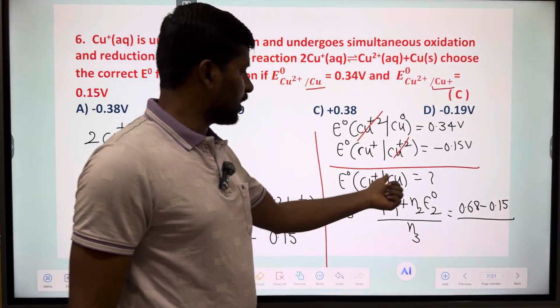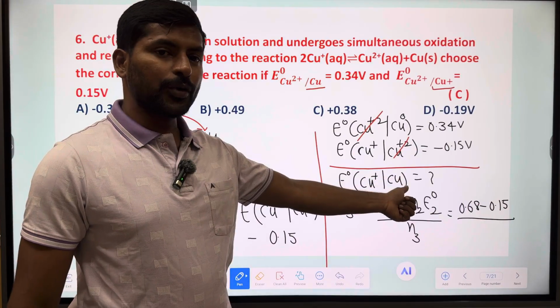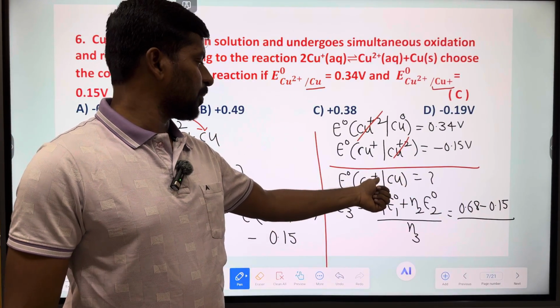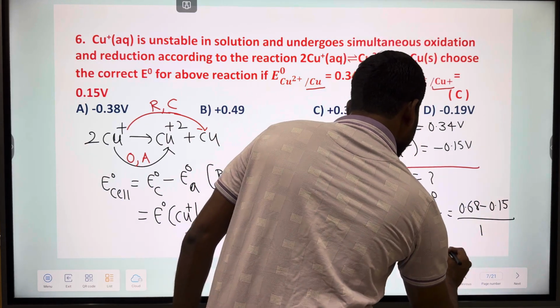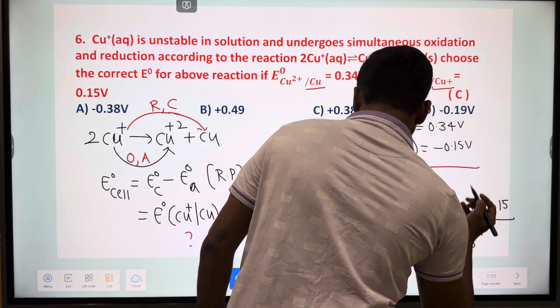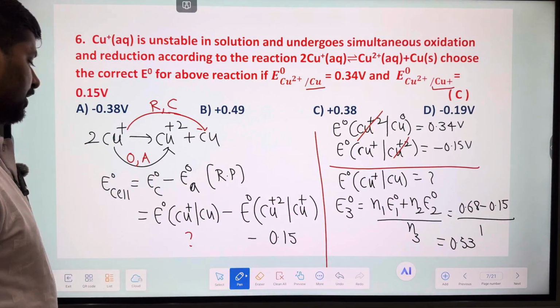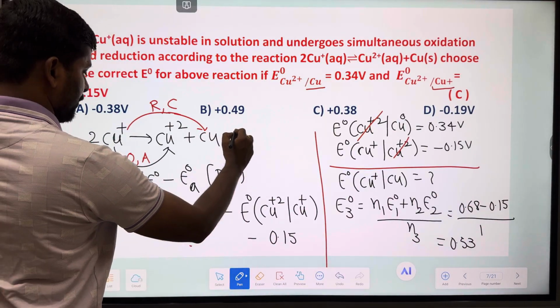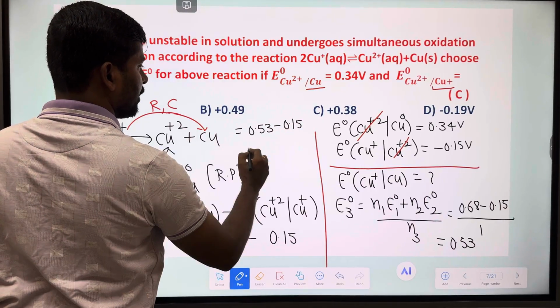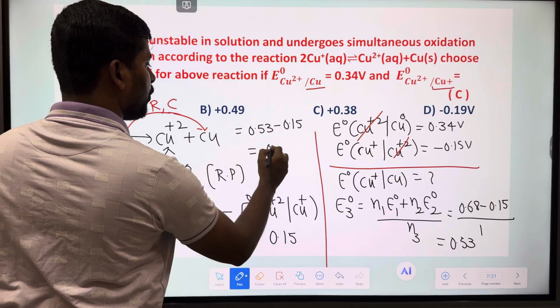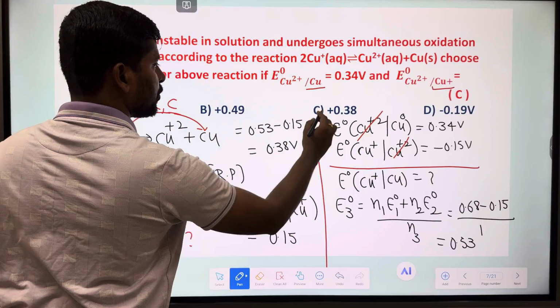In the third electrode reaction, Cu+ to Cu, plus 1 to 0, only one electron is involved, 1. So we get 0.53. If you substitute there, 0.53 minus 0.15, we get 0.38 volts.